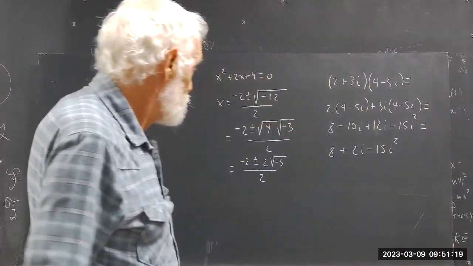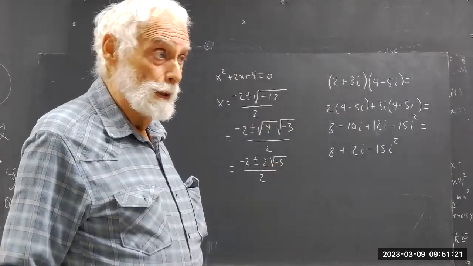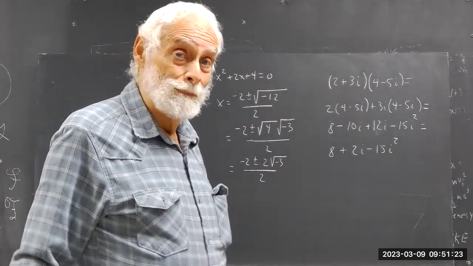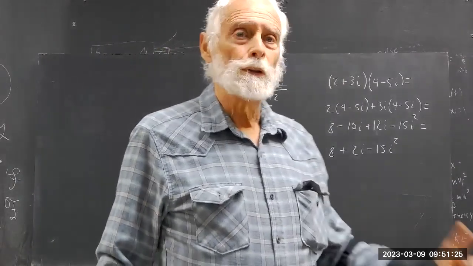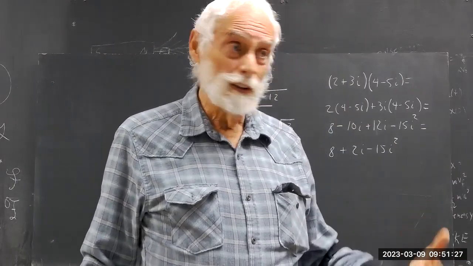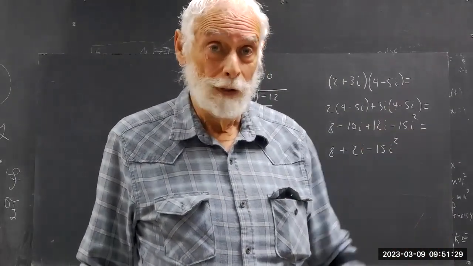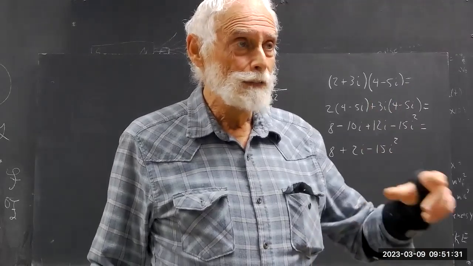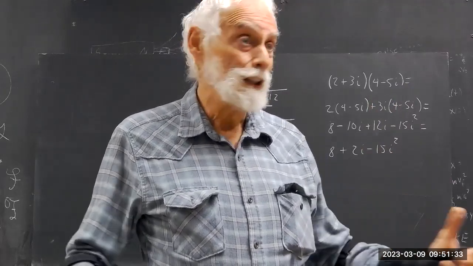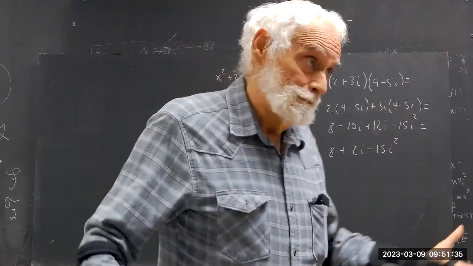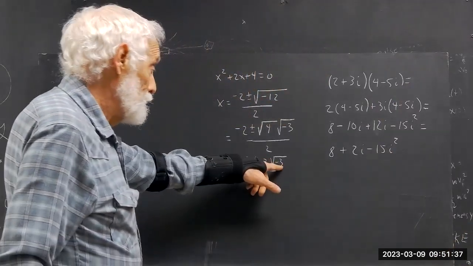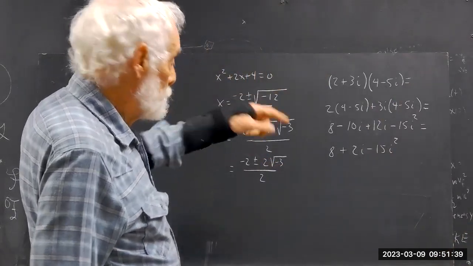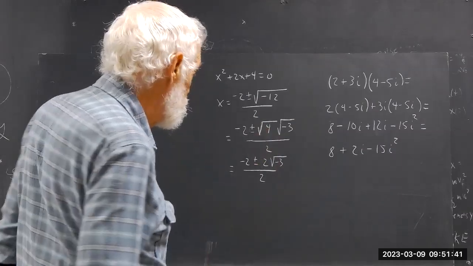There's no real number that you can multiply by itself to get a negative. What's the square root of minus 25? You want to say it's minus 5, that's the first thing people think of. But what's minus 5 times minus 5? It's not negative. There's no real number that is the square root of a negative.